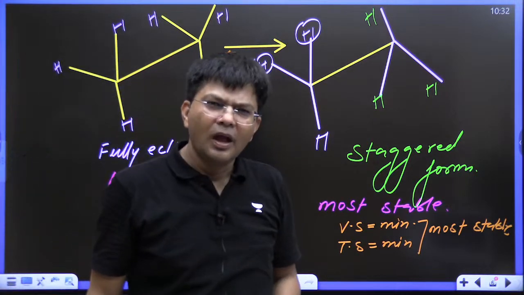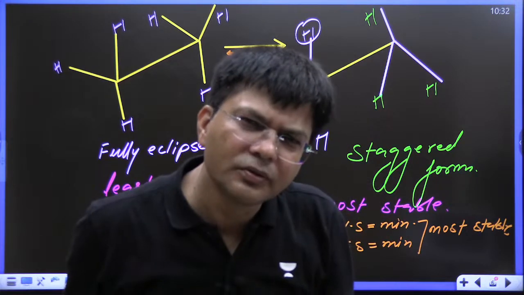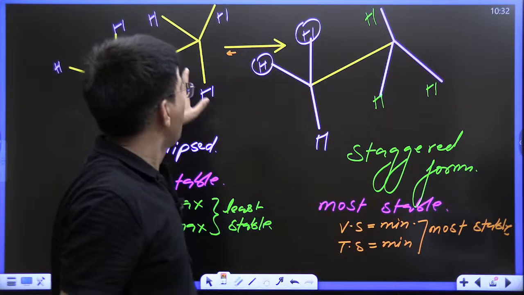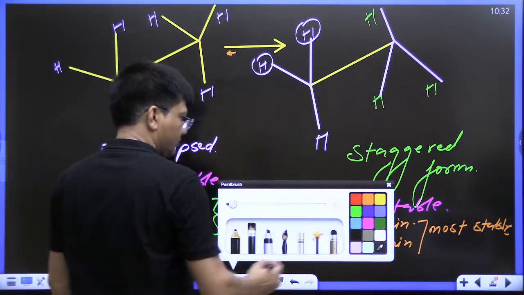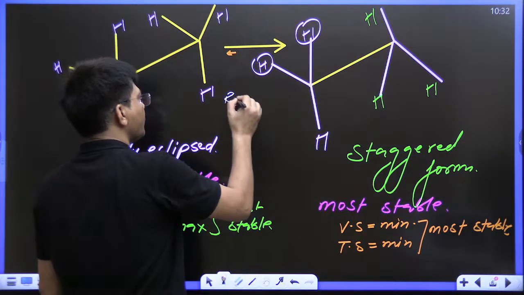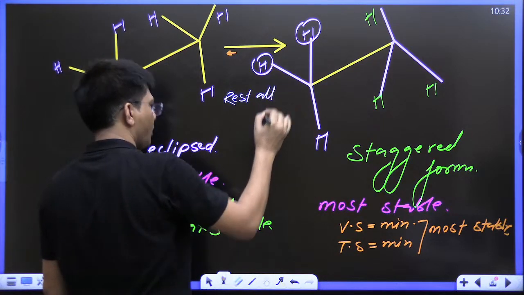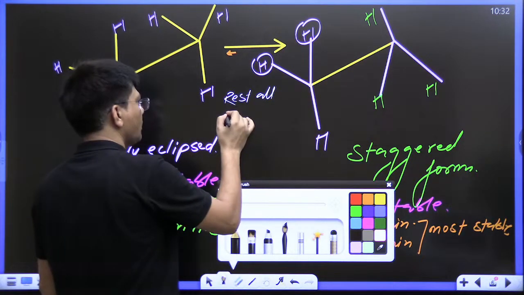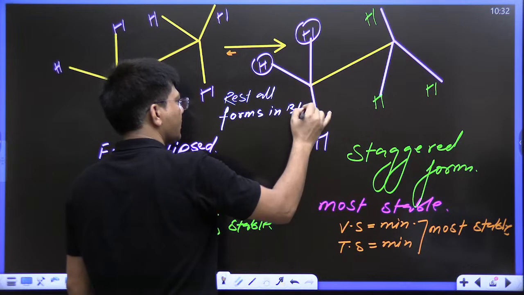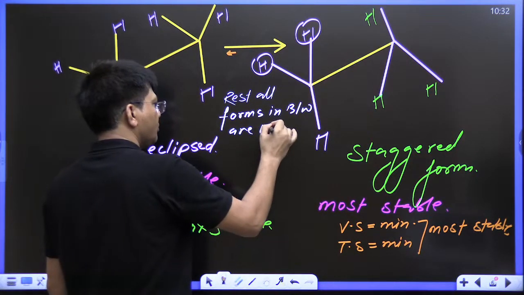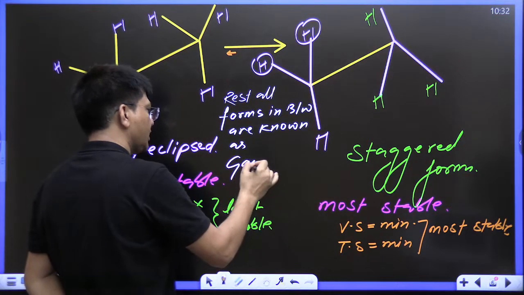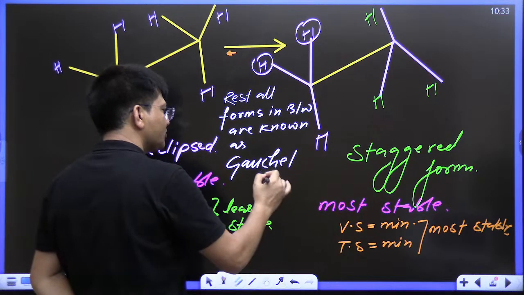Now kids, are these only the two forms? Question arises. No, there are infinite conformers. Rest of all forms in between are known as, yes kids, gauche or skew.